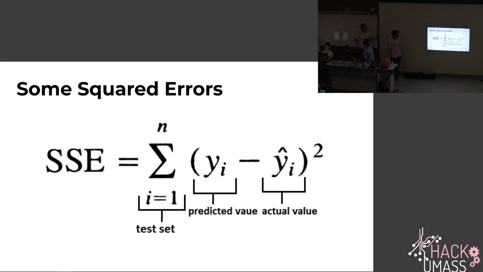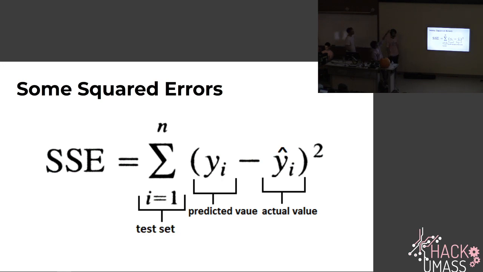It's the sum of squared errors. So this is a formula. It might look scary, but it's really not too bad. The big E looking thing is just the summation. That means you take the sum of everything to your right, my left, okay? Everything to the right, you take the sum of that stuff repeatedly, and it's like a for loop.